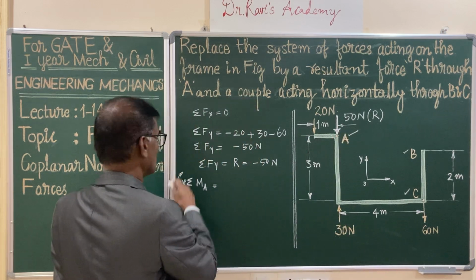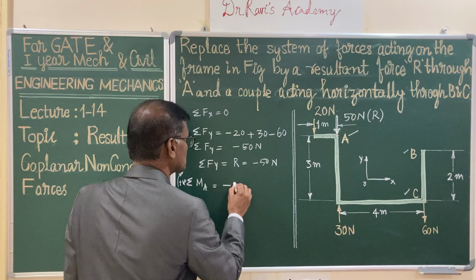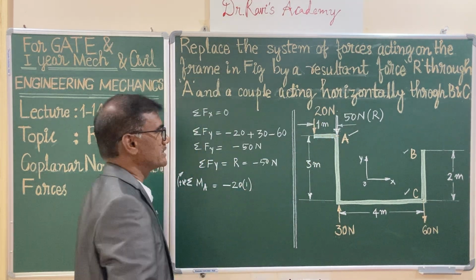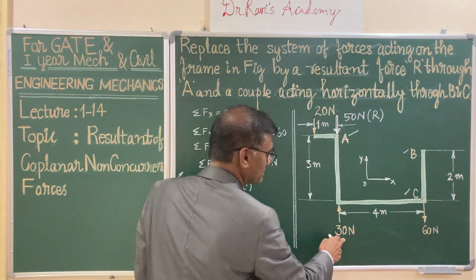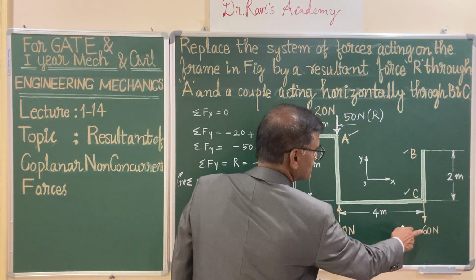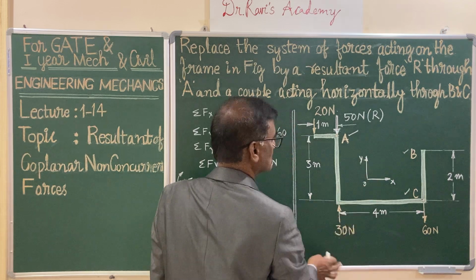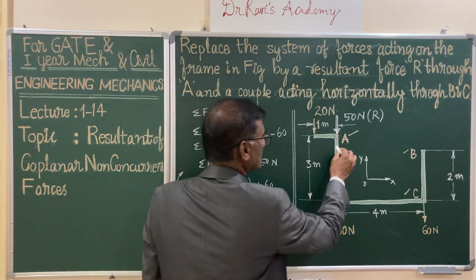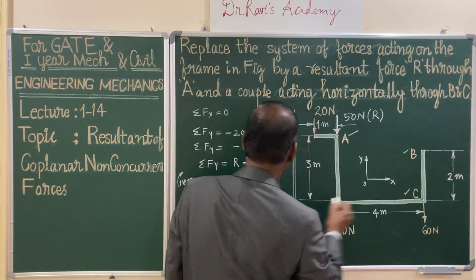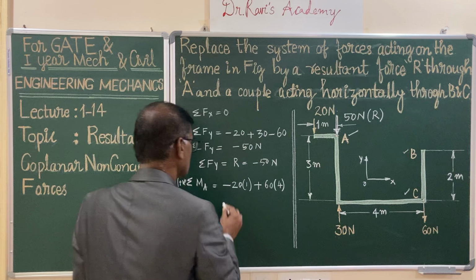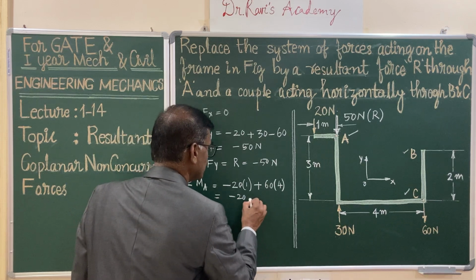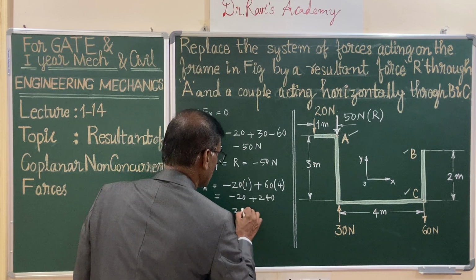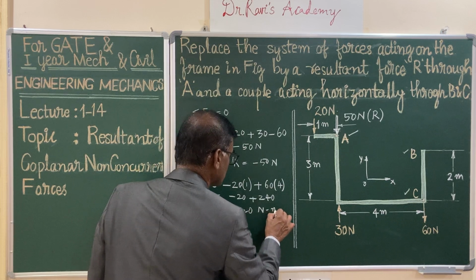Because clockwise is positive, anticlockwise is minus 20, moment arm is 1 meter, and there is no moment by 30, and you have 60 that is contributing a clockwise turning effect, and clockwise is positive, and that force is 60, and the moment arm is 4 meters. So this becomes minus 20 plus 240, and this is 220 Newton meters. The units are Newton meters.